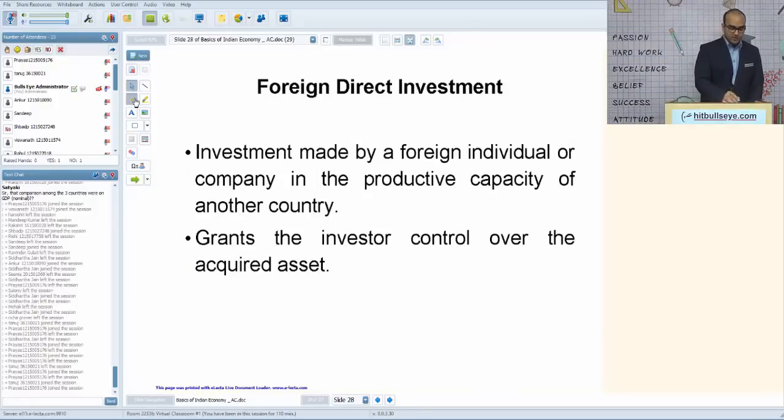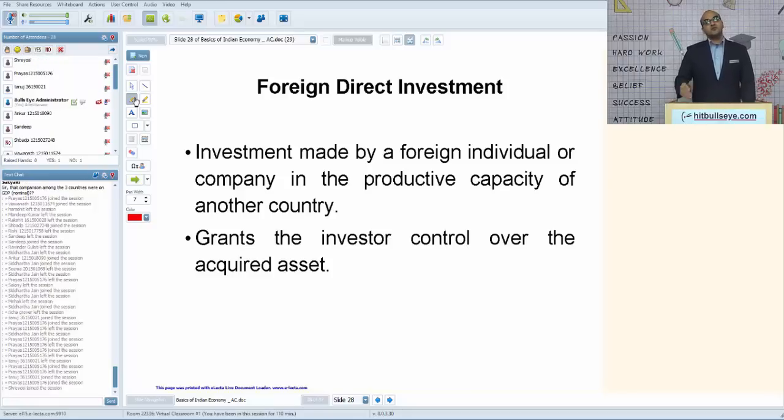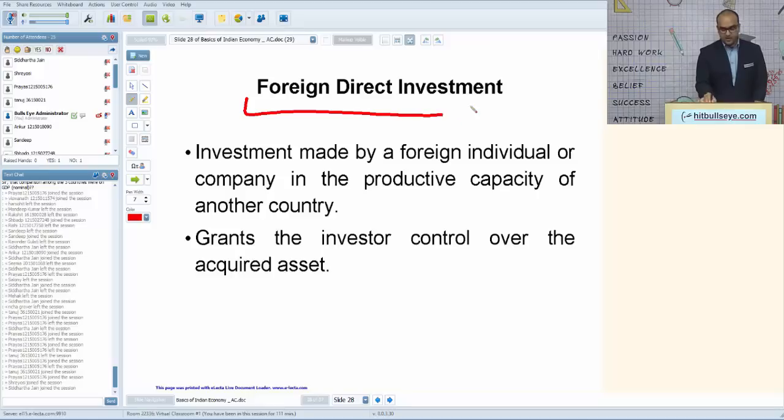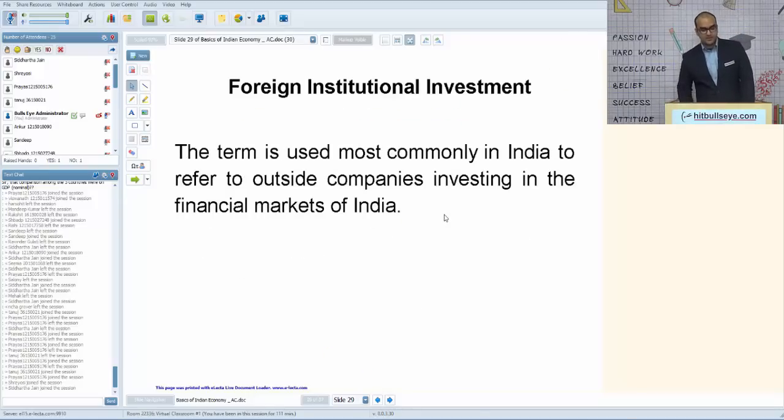Yes. Moving on, let us try and understand the concept of foreign direct investments. So if a foreign company or a foreign headquartered company comes into the country and invests for a long term, for example sets up a factory, that is known as foreign direct investment. Opposingly, there is foreign institutional investment.